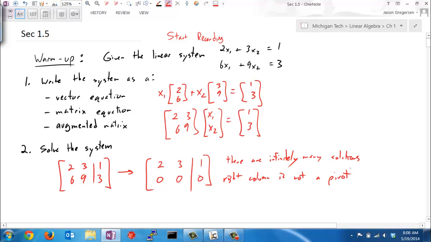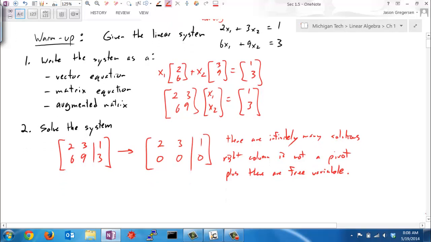And what does that tell us? It's consistent. There are solutions. Plus there are free variables. Which one's our free variable? x2, absolutely. So x2 is our free variable. So we do have solutions, and we have a free variable, therefore there are infinitely many solutions.